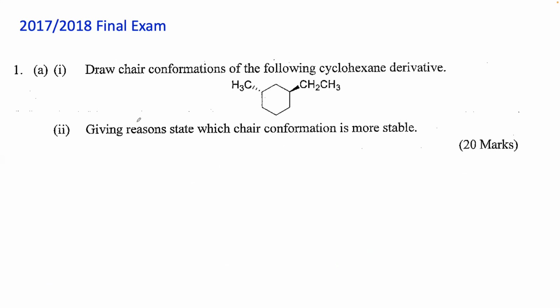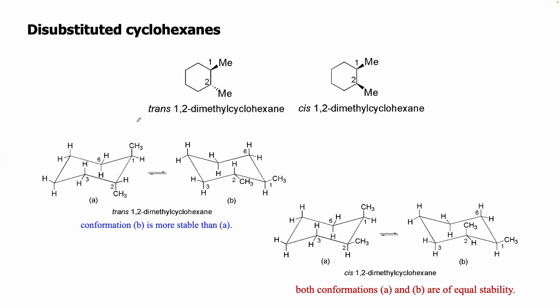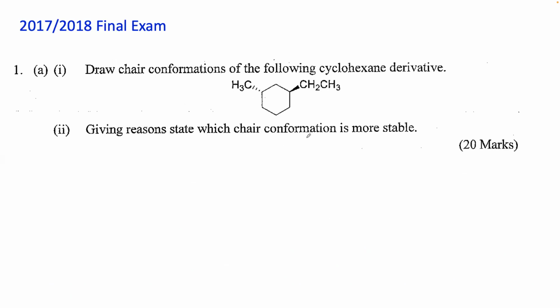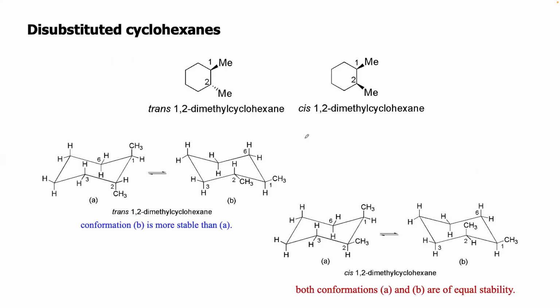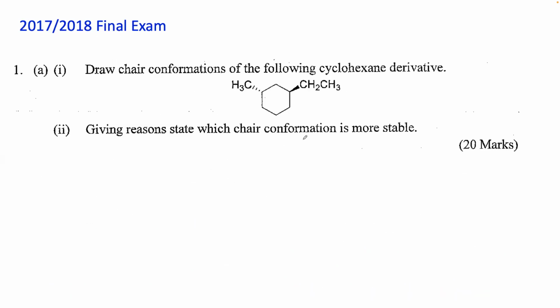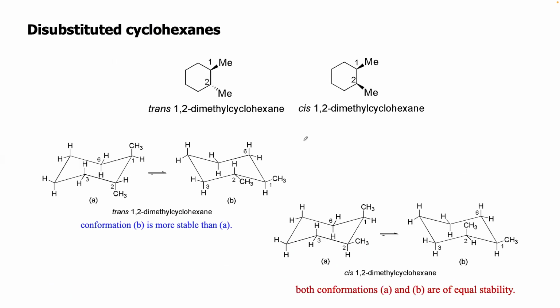So this is a di-substituted cyclohexane. Earlier we did tri-substituted. Okay, so we'll do this one.